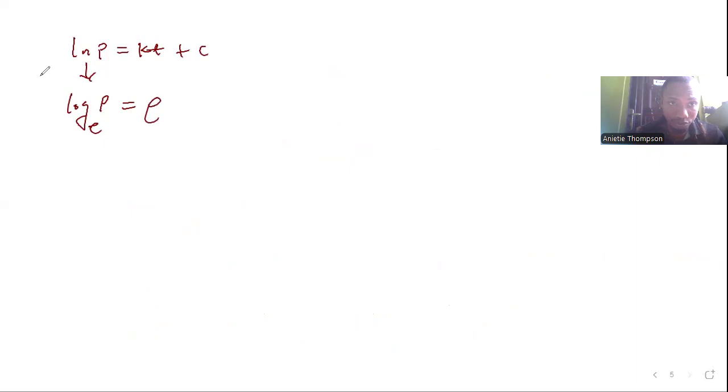Remember that this is the same thing as logarithm over base e of p equals kt plus c. So, transforming this to its initial form, take exponent to both sides of the equation.